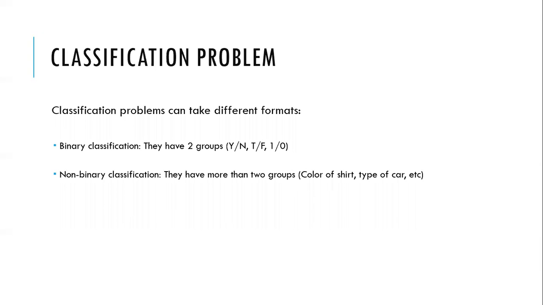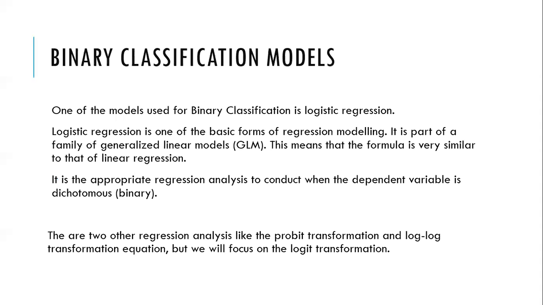For types of cars, you have Ford, Mercedes, Honda, Toyota, Nissan. Those are different models of cars, and you have a lot of them. Because it's not two variables you're trying to classify, it's called non-binary. In a case where it is two, it's called binary classification.